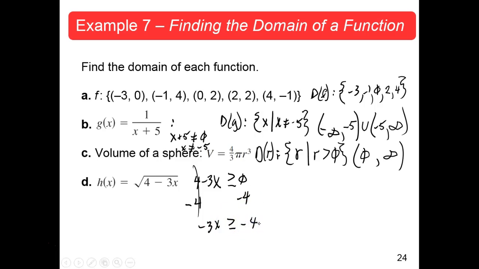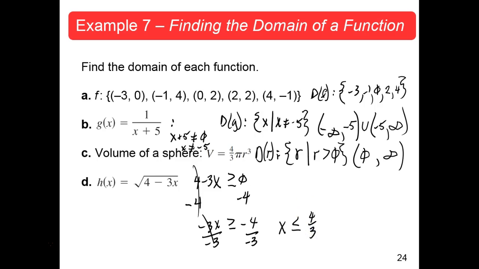Okay, got it? What's next? Okay, divide by negative 3. And what does that give me? Negative 3's go away. Hey, someone caught right on here. Less than or equal to 4/3. Okay. Why did that change?